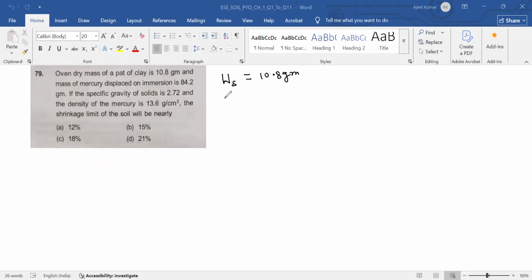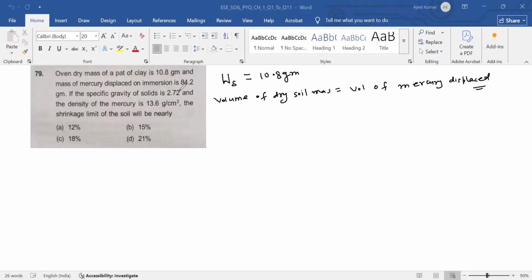So the volume of dry soil mass is equal to the volume displaced, and the volume displaced is the volume of mercury displaced.